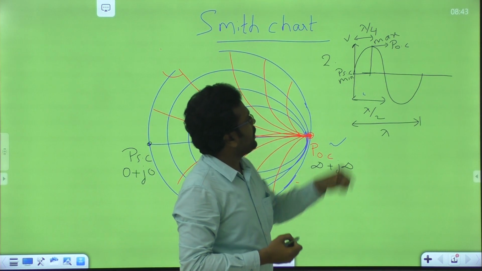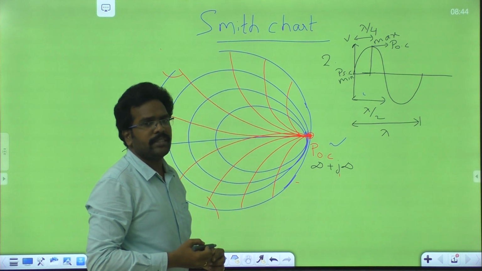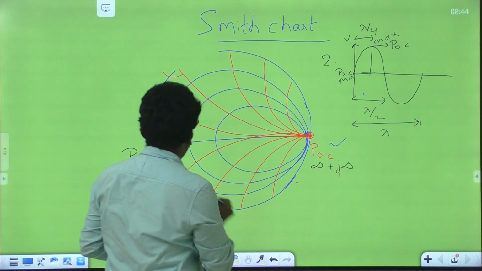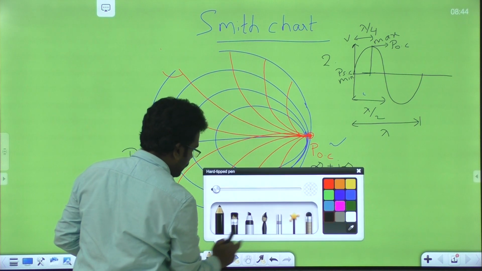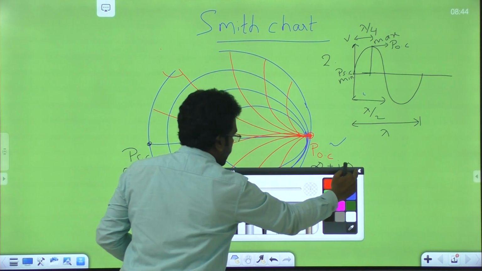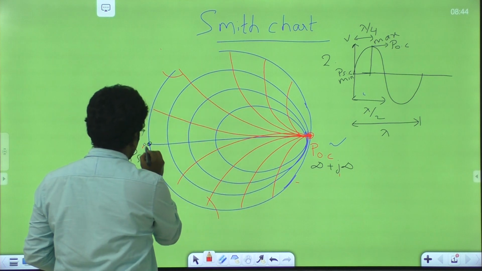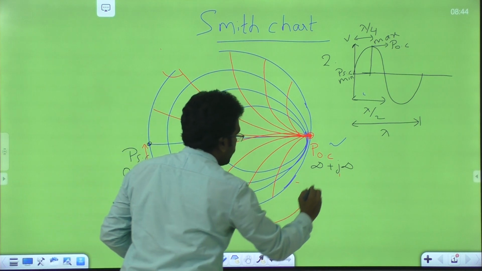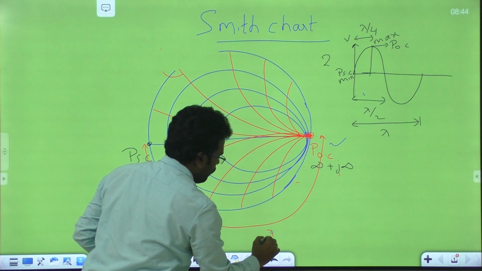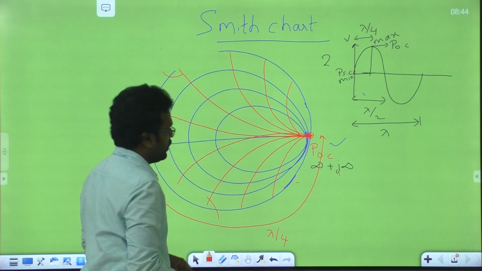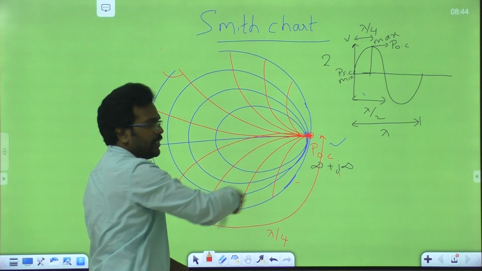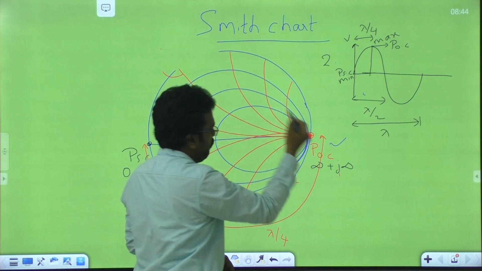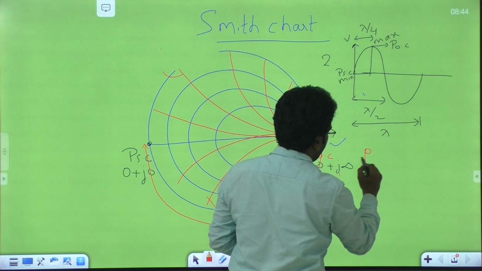The distance between PSC and POC is lambda by 4. Therefore this gives a half circle.